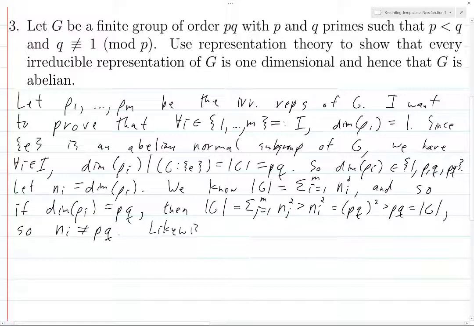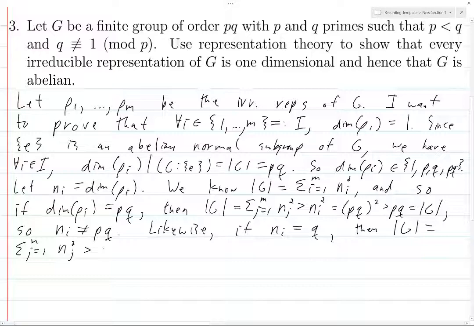Likewise, if Ni equals Q, and this is for any i, obviously, where Q is strictly greater than P, then we're going to have that the order of G is equal to the sum from 1 to m of Nj squared. This is going to be strictly greater than Ni squared.